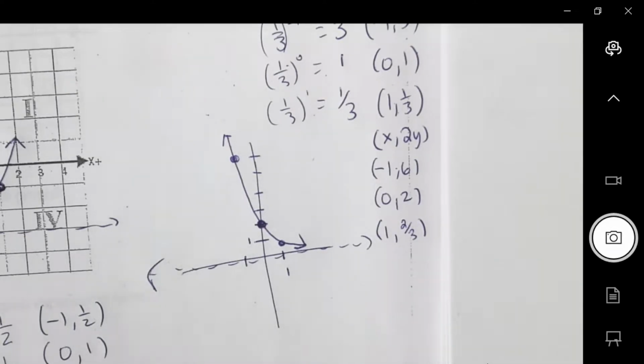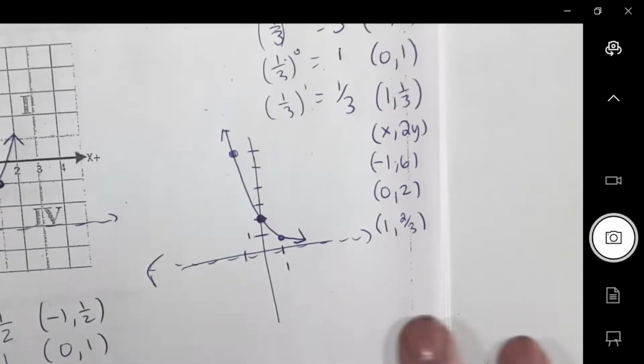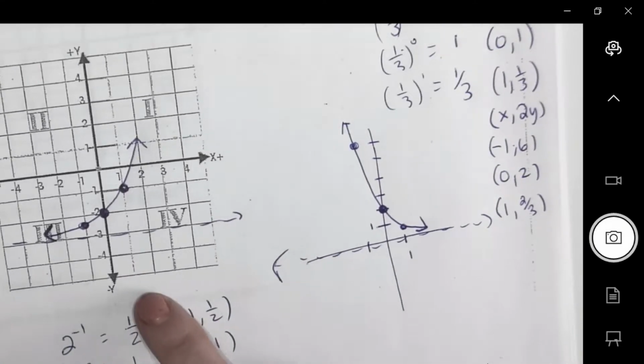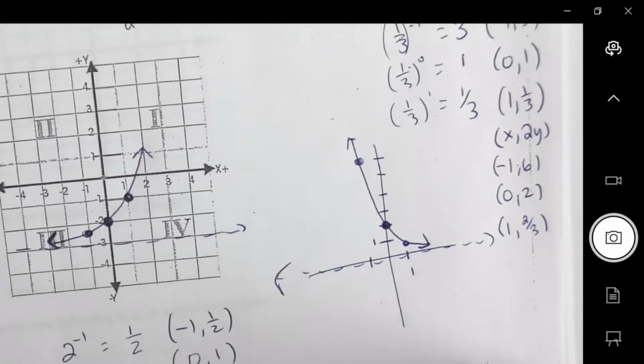What do I know about my shape because the base was a third? If the base is 1/3, what's going to go on with this? Decreasing. This one was increasing because it had a base of 2.